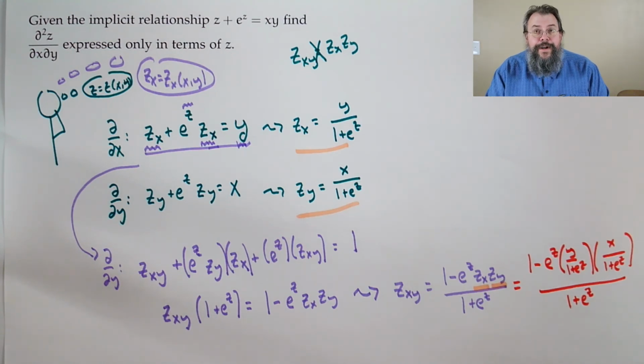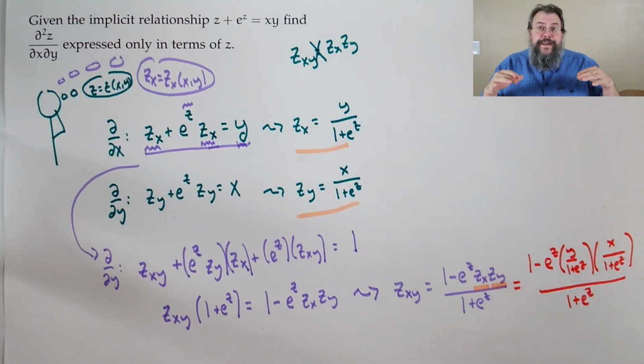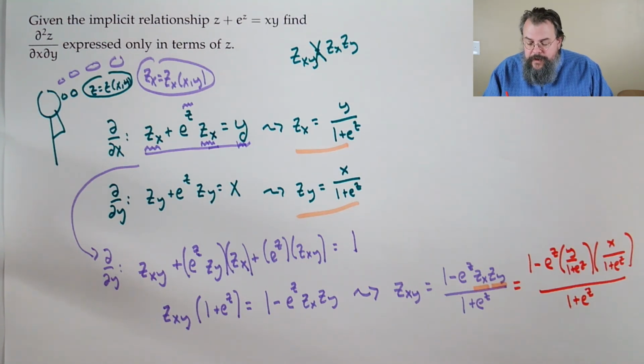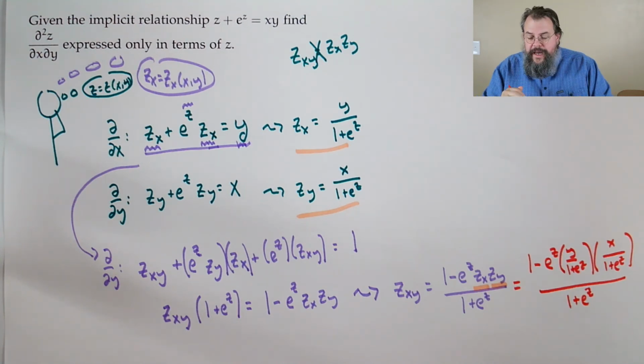Well, now what? Well, we can clean it up. If we multiply top and bottom by 1 plus e to the z squared, because there's a 1 plus e to the z and another 1 plus e to the z, that gets rid of our 1 plus e to the z's in our fractions upstairs. In other words, it gets rid of fractions within fractions.